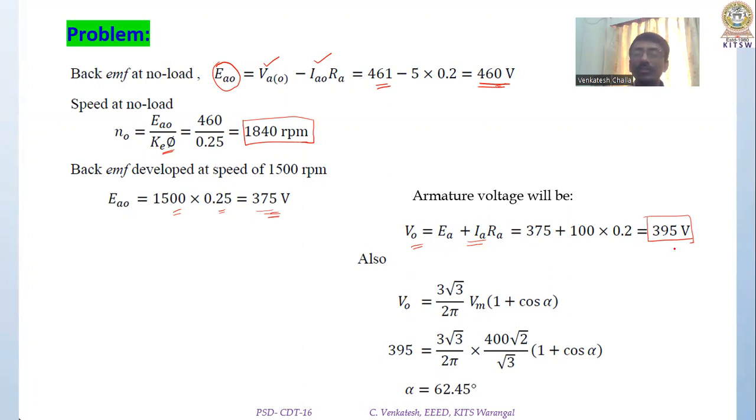Knowing the Va average value, substituting in this equation, all values are known, so we can find alpha. Alpha is 62.45 degrees. So if I operate the converter with alpha equal to 62.5 degrees and the motor is running at 1500 RPM, then we get Va average as 395 volts.